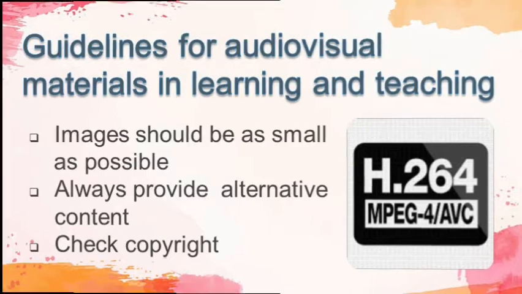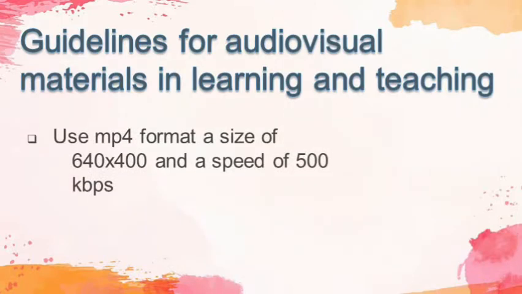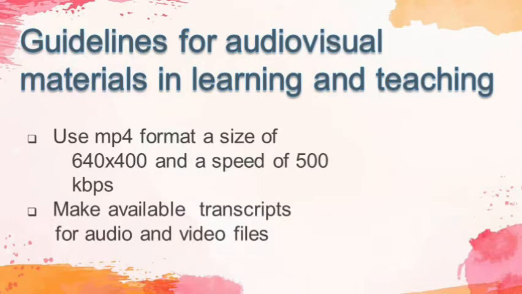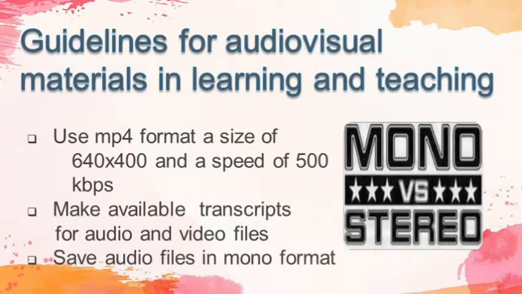Check the copyright. Use MP4 format with a size of 640 by 400 and a speed of 500 kbps. Make available transcripts for audio and video files. Lastly, save audio files in mono format.